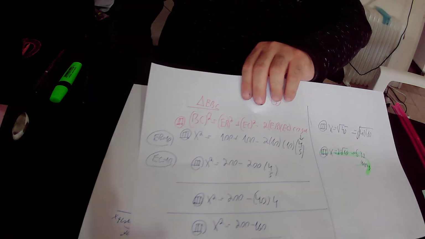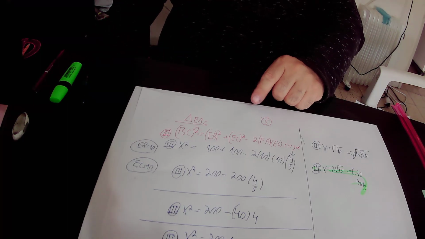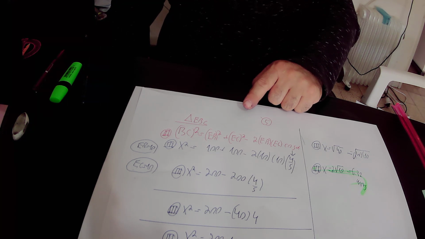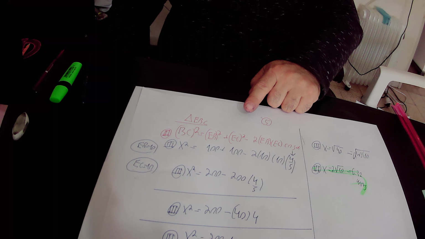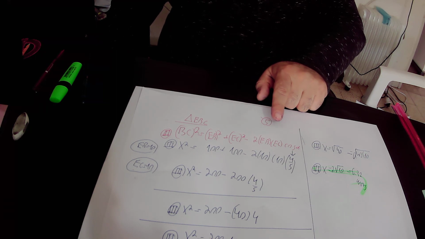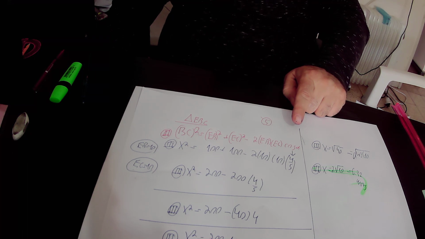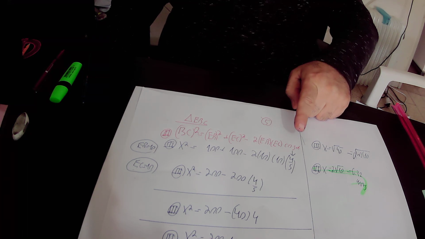So according to the law of cosines in the isosceles triangle ABC, we get that BC squared equals EB squared plus EC squared minus 2 times EB times EC times cosine alpha. Cosine alpha equals 4 over 5, so we substituted cosine alpha by 4 over 5.